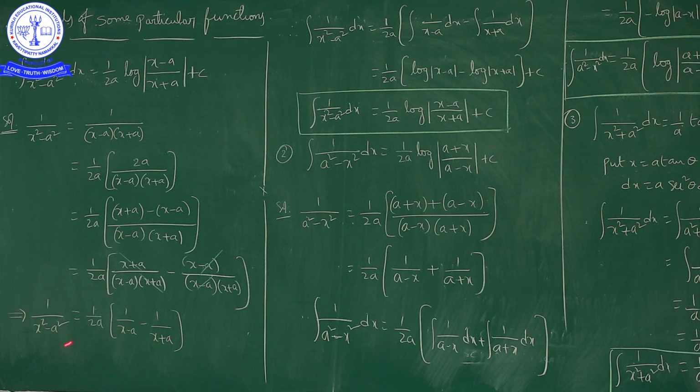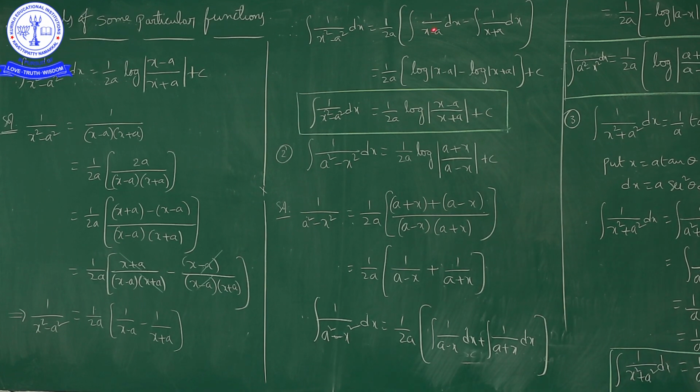So integration of this part is nothing but integration of this part. Integration of 1 upon x square minus a square dx is equal to 1 by 2a into integration of 1 by x minus a dx minus integration of 1 by x plus a dx.